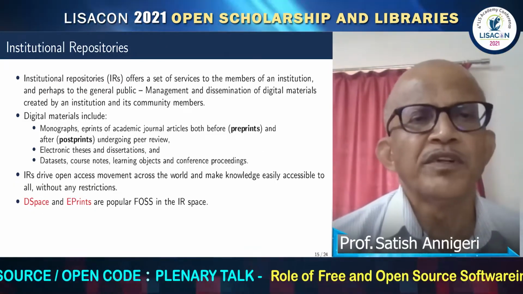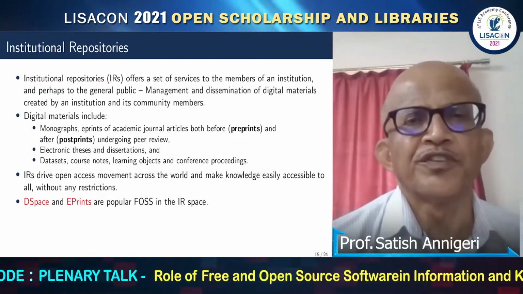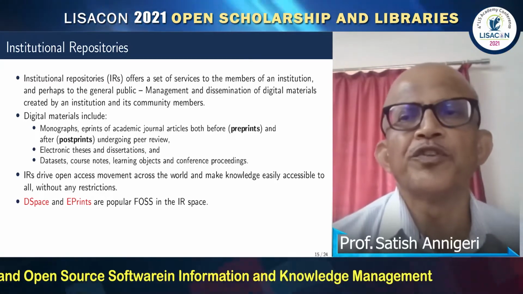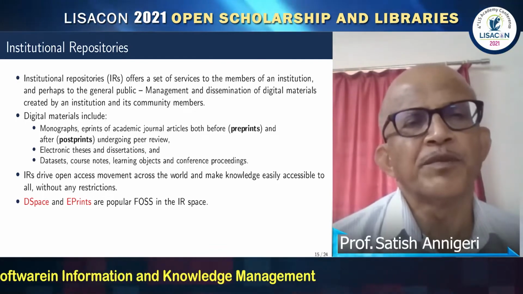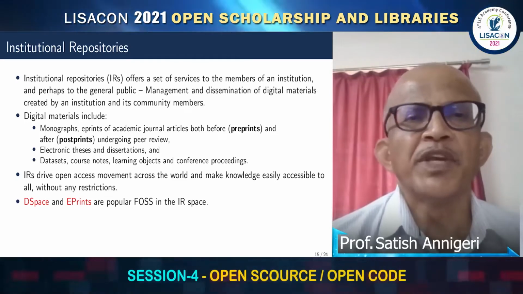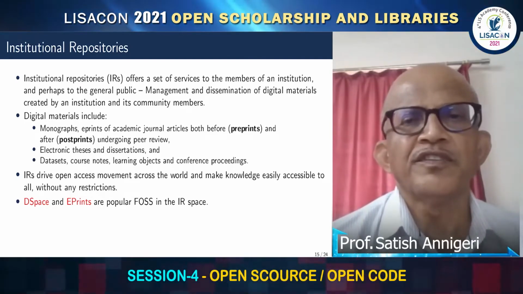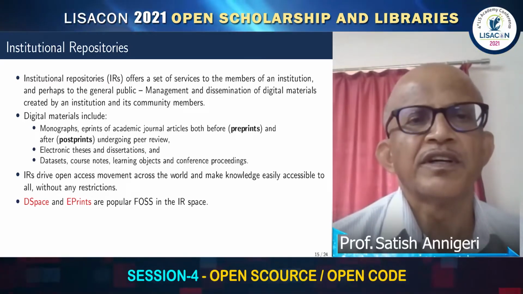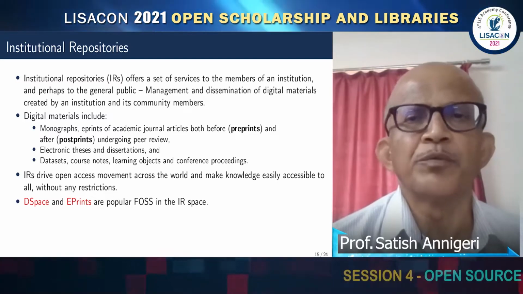The second example is of institutional repositories, which offer a set of services to the members of an institution and sometimes even to the general public. The main purpose of institutional repositories is the management and dissemination of digital materials created by an institution and its community members.